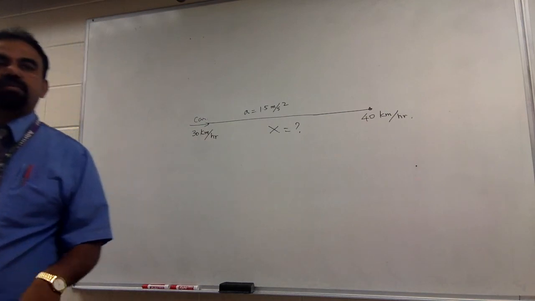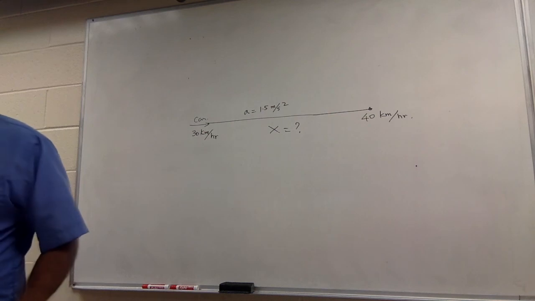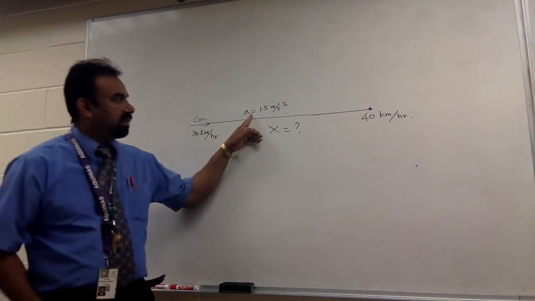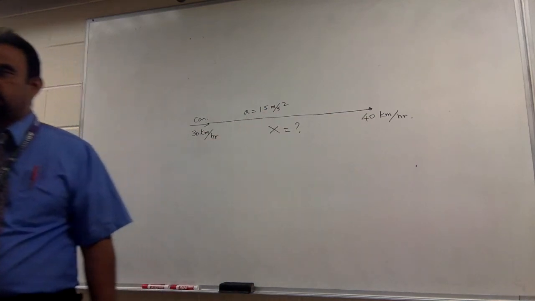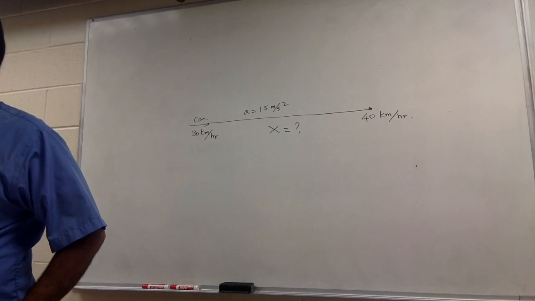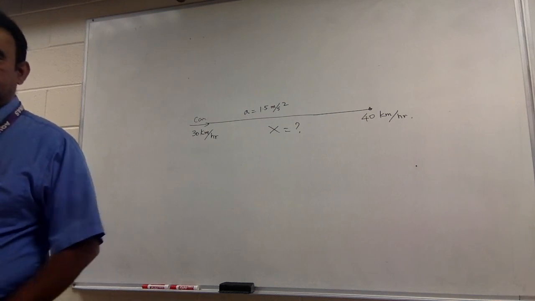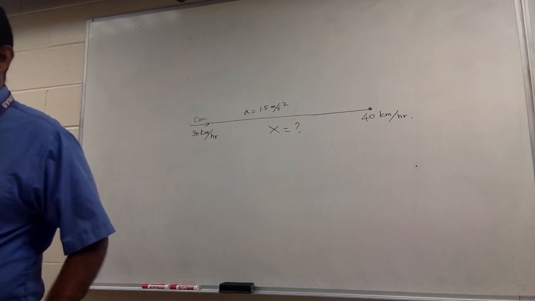How far did it travel? Now, this is traveling with an acceleration of 1.5 meters per second squared. So you have to write the data down, pick the correct equation, and work. How far did it travel?